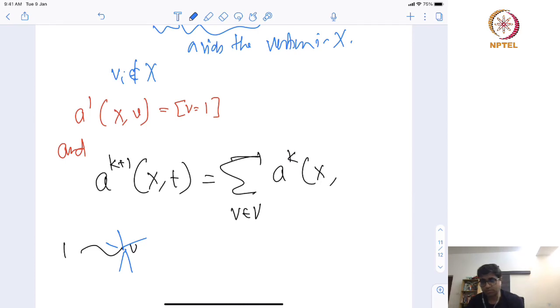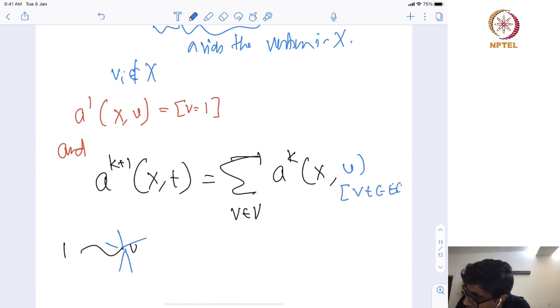You start from 1 to some other vertex v with length k, and then you take one edge to t. So, this is nothing but the sum over v in V, and so you reached v, and then what is the property? (v, t) should be an edge. So, the property P that holds is that (v, t) belongs to my graph, and that is it. Okay. So, this is the way we can compute length k plus 1.